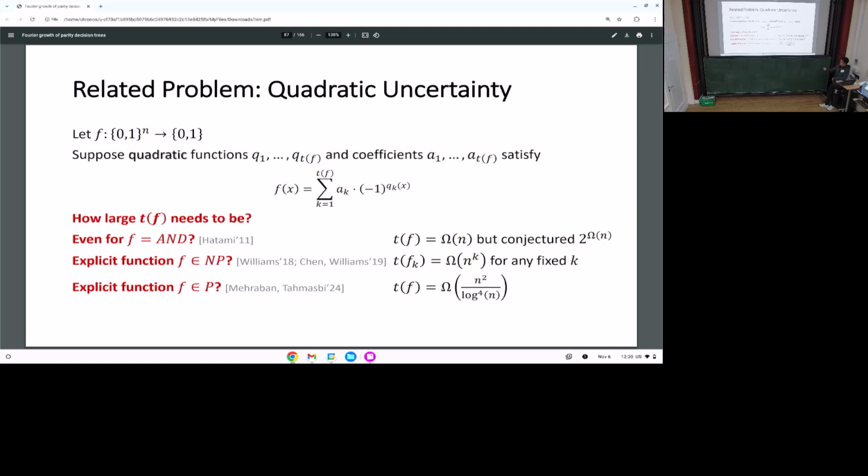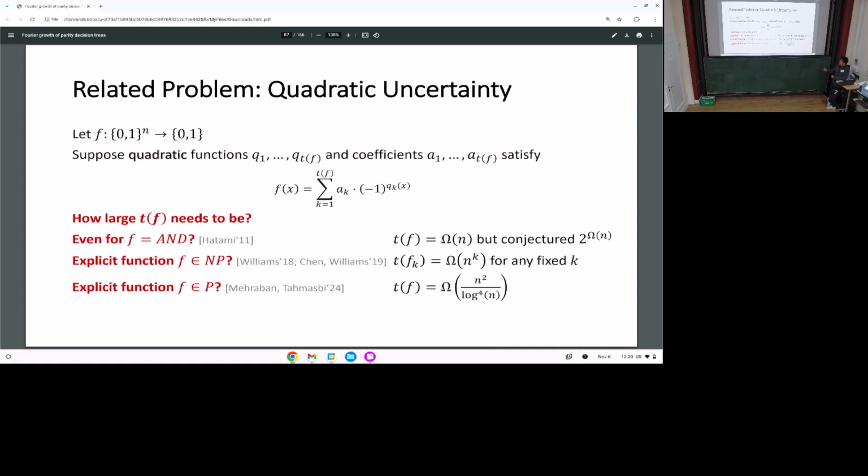This comes from the recent improvement on the stabilizer rank I just mentioned, by Mirabal and Tomasky, I'm not sure if I pronounced it correctly. They show that the near quadratic lower bound in their stabilizer rank result translates here. So there exists a function f in P that has roughly n squared sparsity, even if you allow quadratic phases.